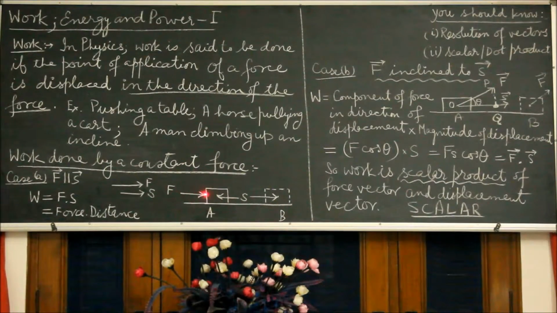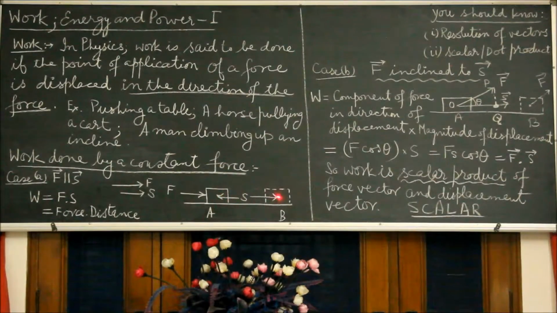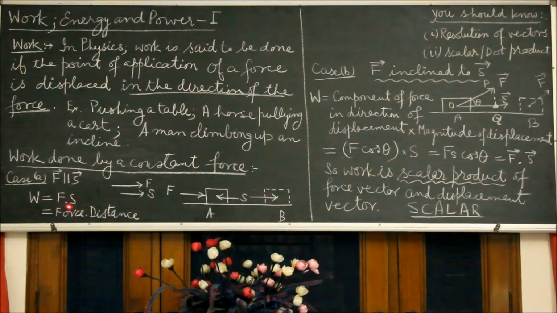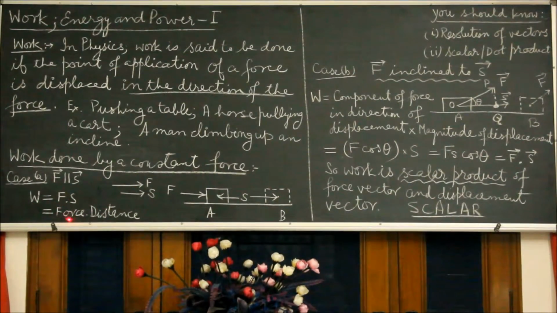We apply a force F which displaces this object from A to B through a distance S in the direction of the force. In this case, the work is measured as the product of the magnitude of the force and the magnitude of the displacement, which is also the distance. So work in this case is the product of force and distance.